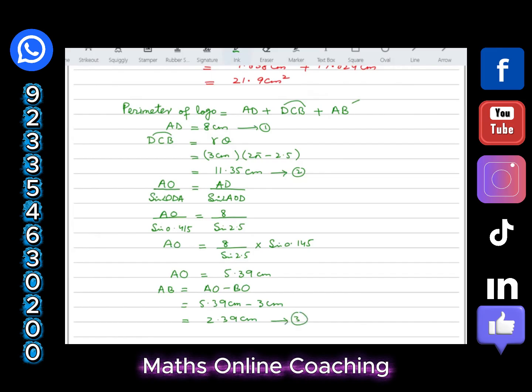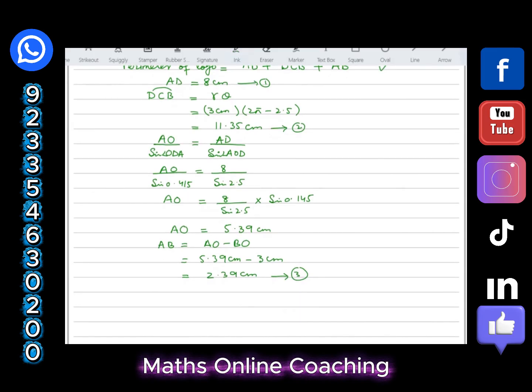Using all these values in this equation, we have the perimeter is equal to 8 centimeters plus 11.35 centimeters plus 2.39 centimeters. And this is equal to 21.7 centimeters, which is the perimeter of the logo. And it completes the question.